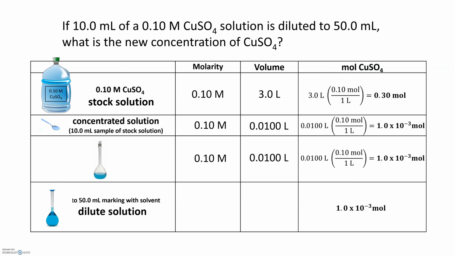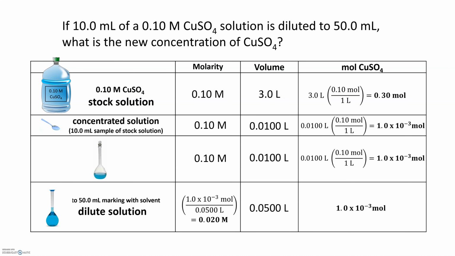We're just going to add some solvent. So once we do that, our new volume will be 50 milliliters, or 0.0500 liters. And now we can calculate our new molarity, 0.020 moles per liter. As expected, less than the 0.10 moles per liter that we started with.